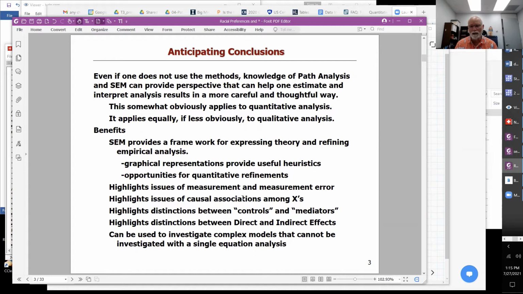And this is where it applies across the board. Any research that you do, quantitative or qualitative, is going to involve measurement. Measurement is a hard process, and thinking about issues in measurement is going to bring important perspectives to your interpretation of findings and the associations among variables that you may find.